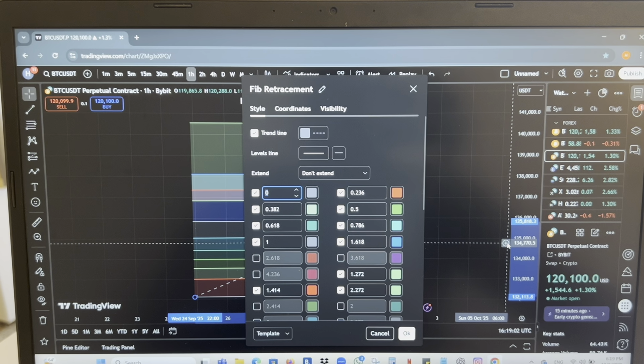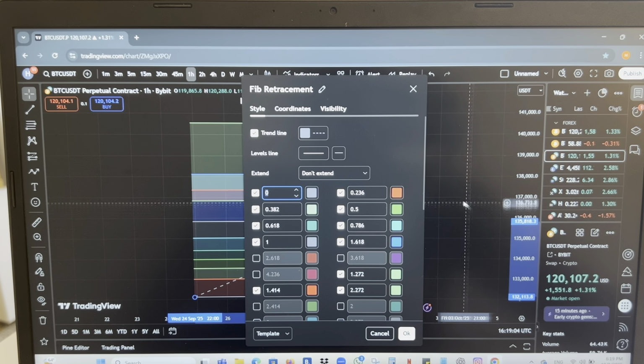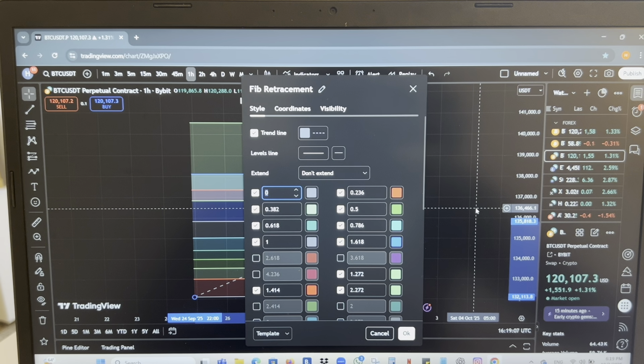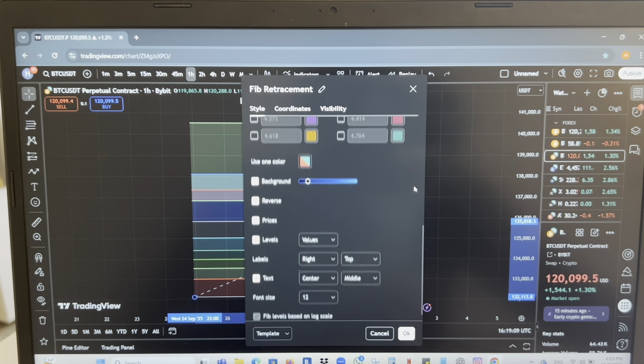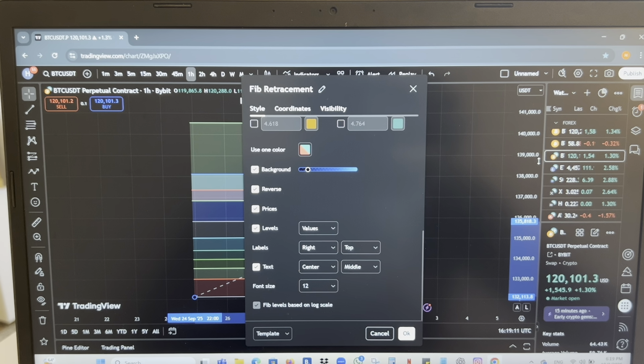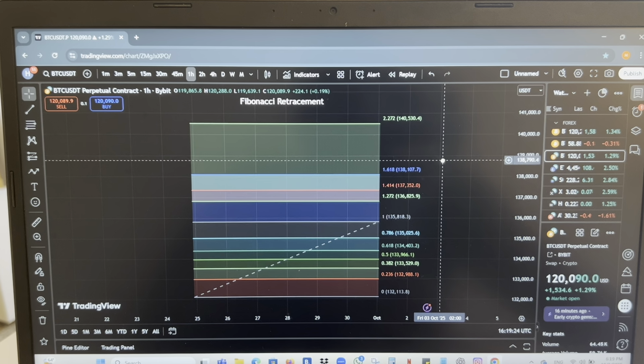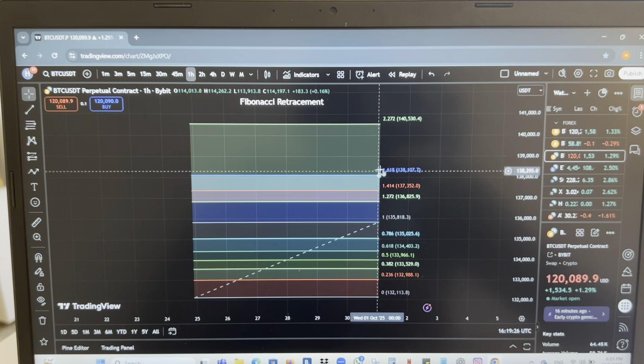I'll just leave it there for some time for you guys to note it down, and then these are the rest. Just go ahead and click OK, because I put my 100% trust on this tool, and it has worked so far. And then I will show you guys what these are.